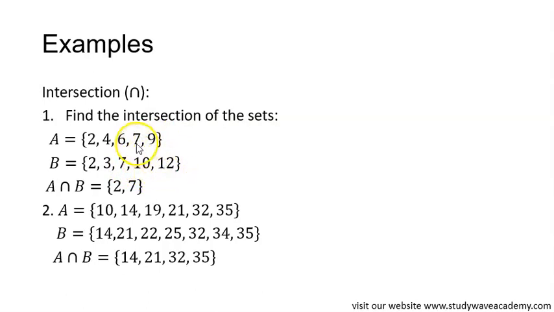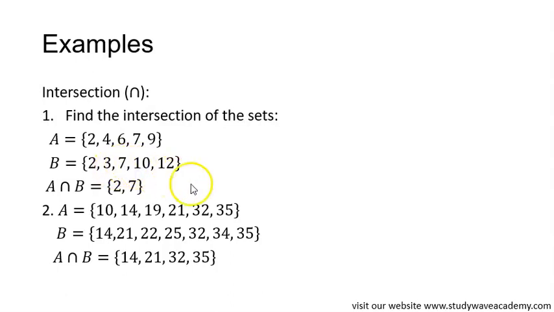So the common numbers between A and B are 2 and 7. So the intersection between A and B is equal to 2 and 7. Okay? Do you understand? Intersection is picking the common elements. Like we have these numbers as the elements, so it's picking the common numbers.